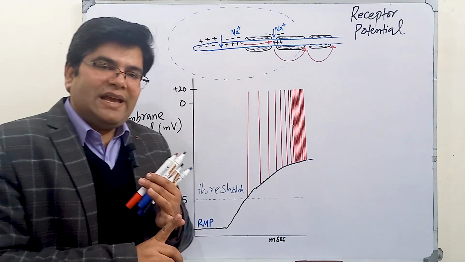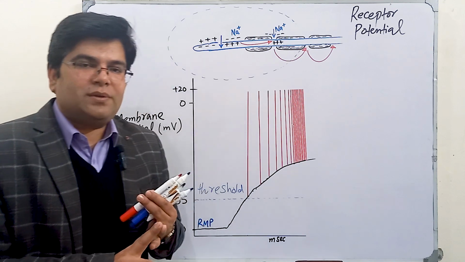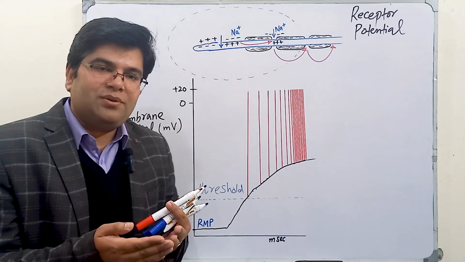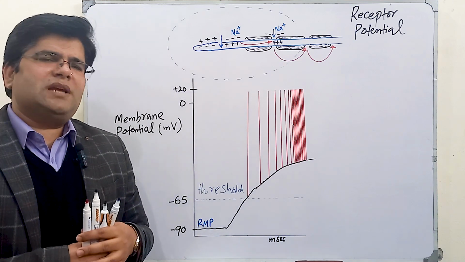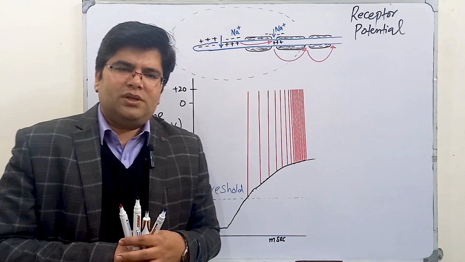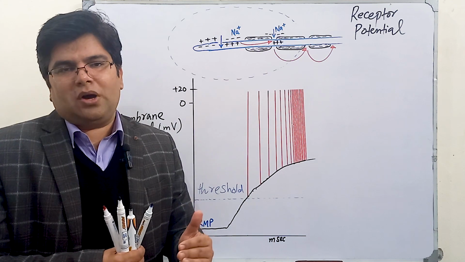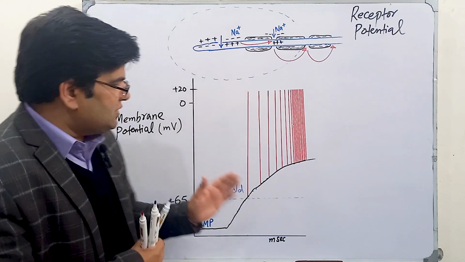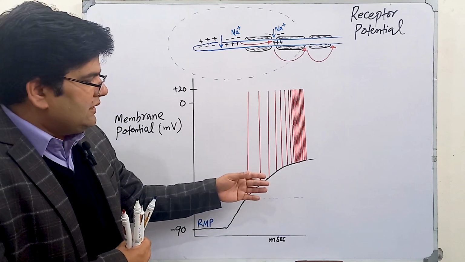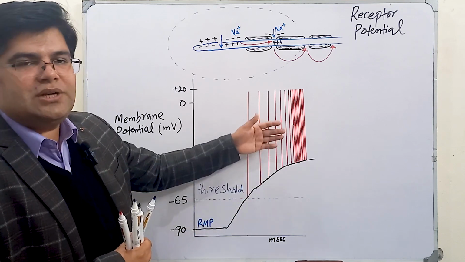Similarly, the mechanical stimulus in our Pacinian corpuscle and some other mechanosensitive receptors also opens ion channels. So in most of the receptors in our body, the stimulus opens or closes some ion channels, and in this way it affects the membrane permeability and thus affects the receptor potential, and that produces action potential along the nerve fibers.